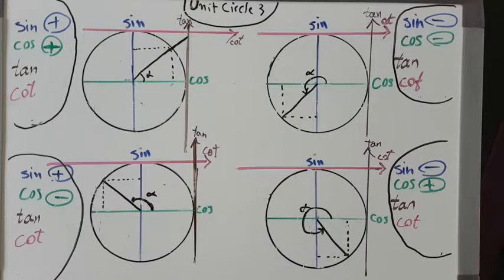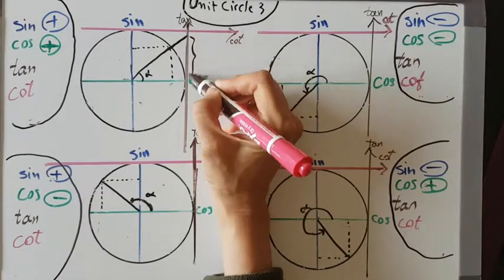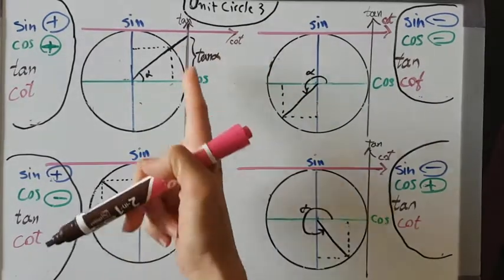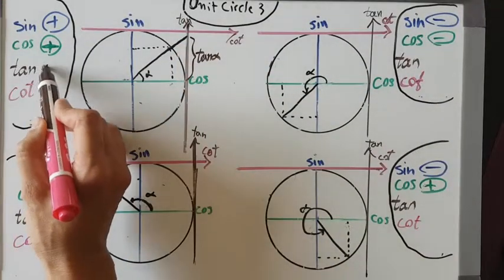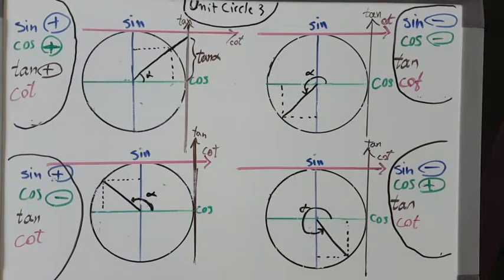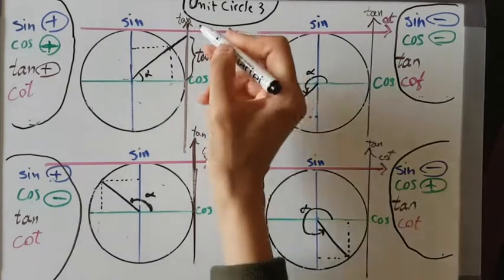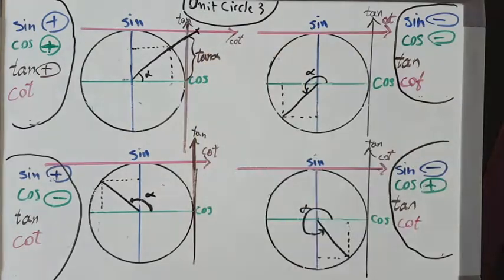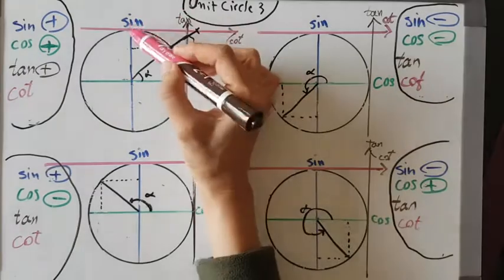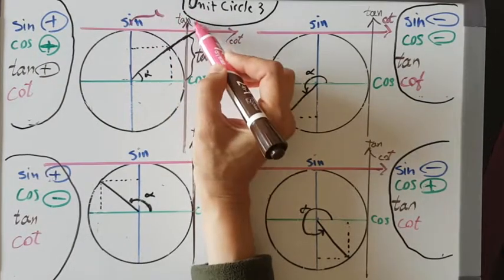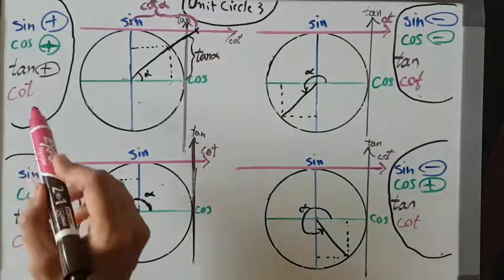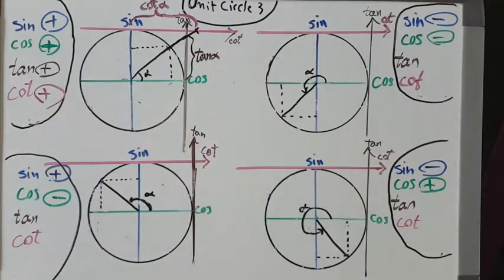So this is the tan of alpha, and as you can see, the tan of alpha ends up being positive here. Once you continue it more, it's going to touch the cotan axis, and you can see that this is the cotan of alpha, which is also positive.